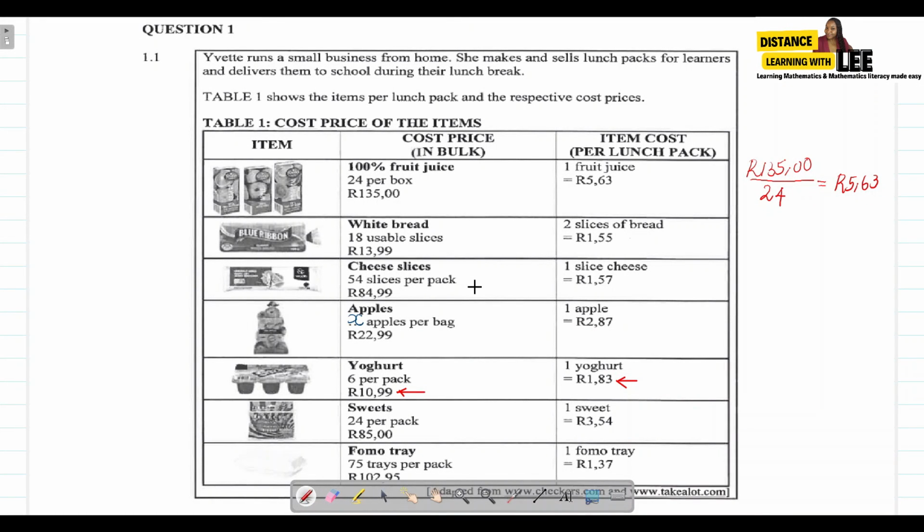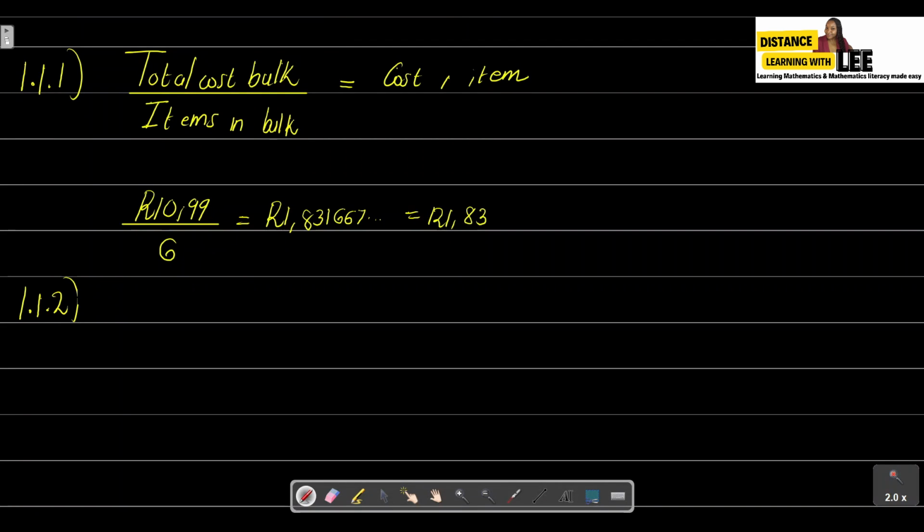So how would we get the total number of apples in this packet? Let's use the formula we used at the top: the total cost in bulk divided by the items in bulk is equal to the cost of one item. Let's rewrite this formula.